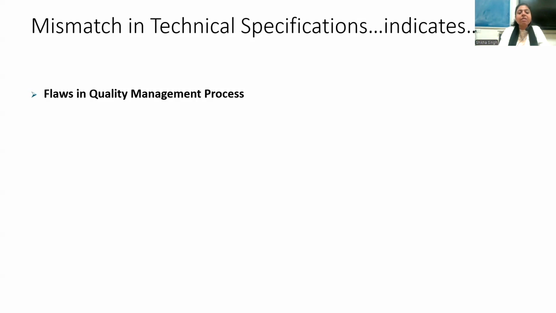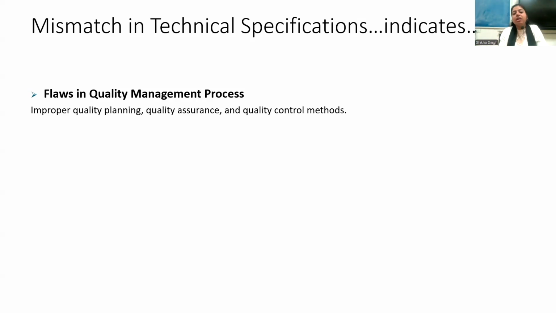So in the quality management process, if any of these three phases are not implemented properly, it immediately indicates that there are flaws in the quality management process of a manufactured system or an engineering system, right?